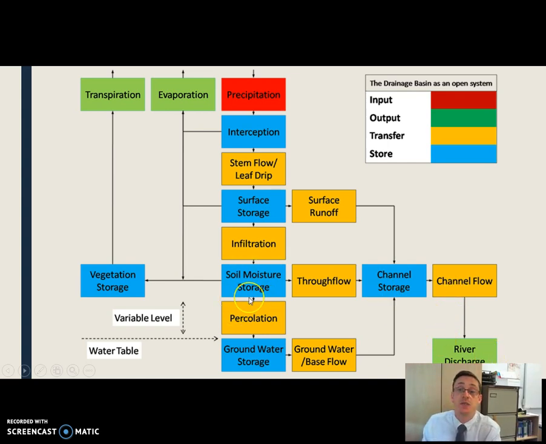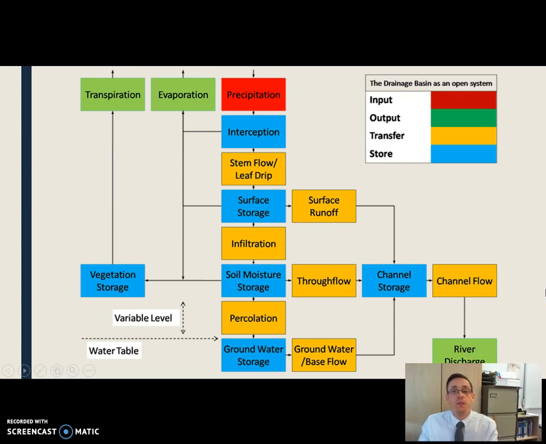And the last of this will then travel deeper into the earth, and it will percolate through soil, through rock, into groundwater storage. Again, some of that will then move as groundwater flow or base flow into a river system, which will then move through that river system and be given out as river discharge.